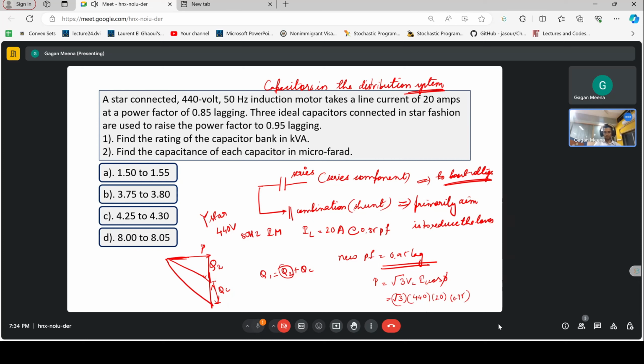This is P tan phi 1 and this is P tan phi 2. If you subtract these two you will get QC.